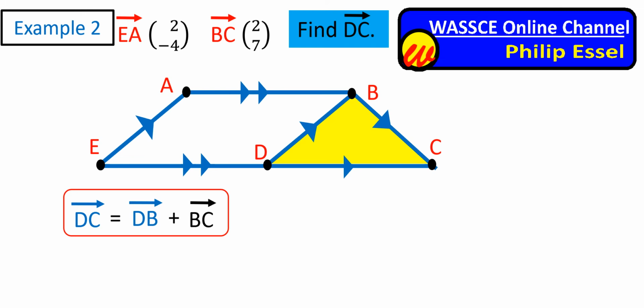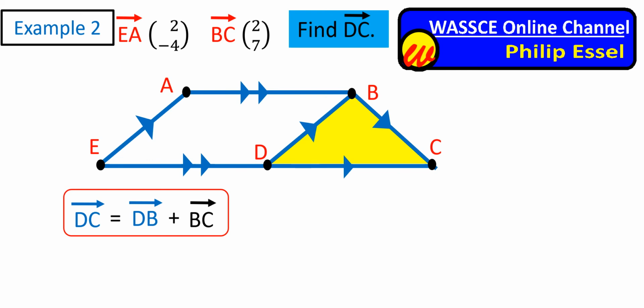First, by moving from the point D to the point B, which is the vector DB, then again moving from the point B to the point C, which is the vector BC. So that's why the vector DC was equal to first DB plus BC.